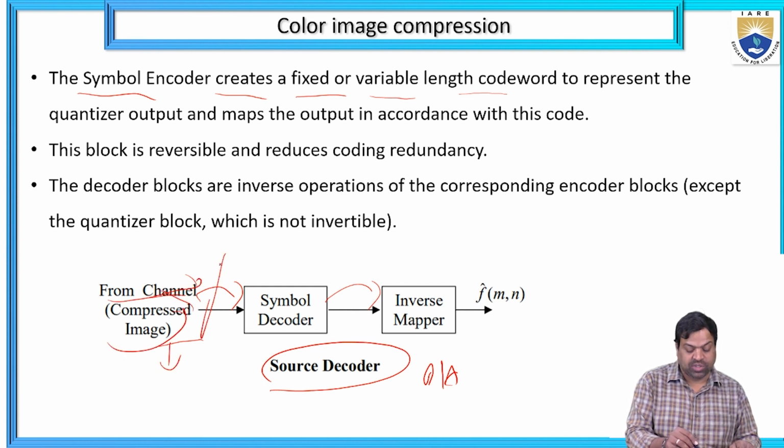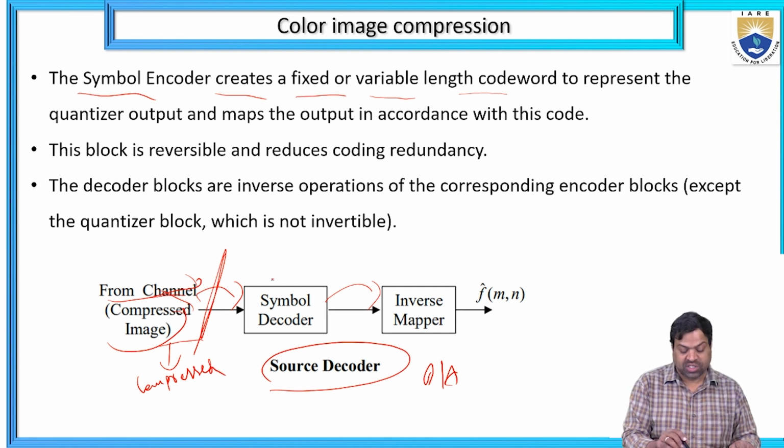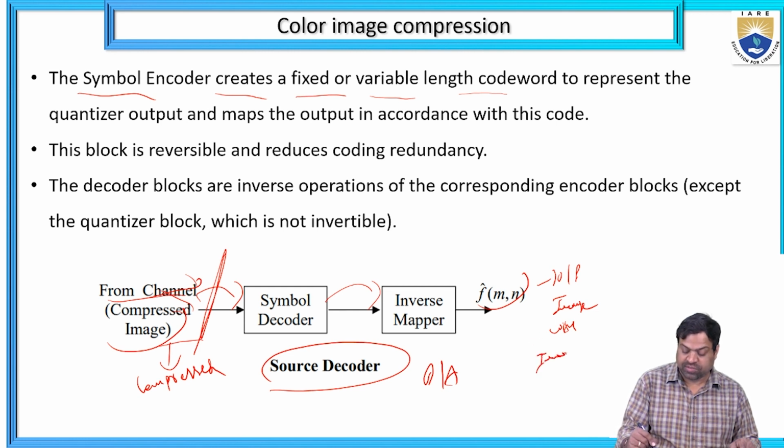After the channel, the image is already compressed. So the compressed image goes through the symbol decoder and the inverse mapper, giving the output image with image compression. So symbol decoder and inverse mapper.